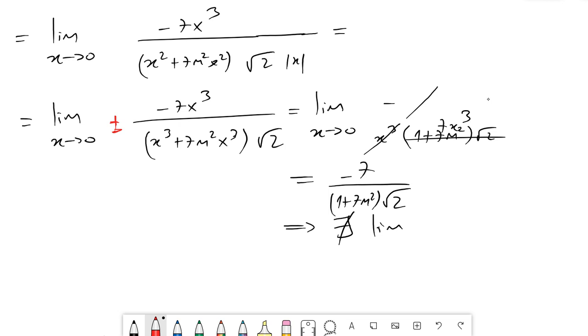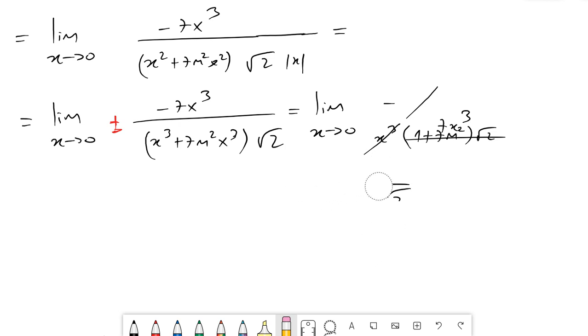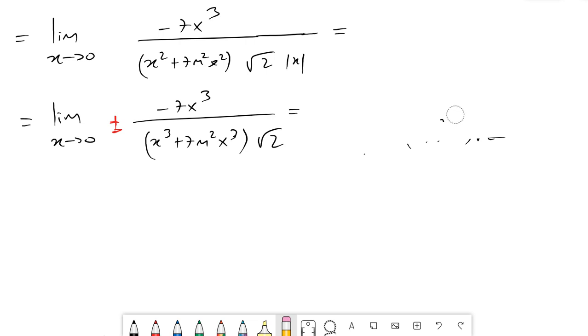We factorize x to the power of 3, and there is a huge confusion here, right? So we factorize, and we got what? We have the limit when x goes to 0, that will be x plus and minus due to this absolute value. But this one cancels with this, right?